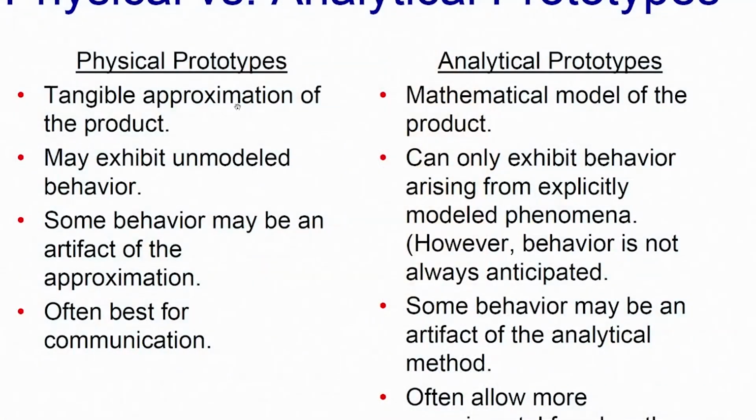When things become small, this touchy feely, we have no option to, you see here, that is what it now says, tangible. How do you touch an approximation of the product, and it may exhibit unmodeled behavior. You see here, in this case unmodeled behavior means something not as per the intended thing.